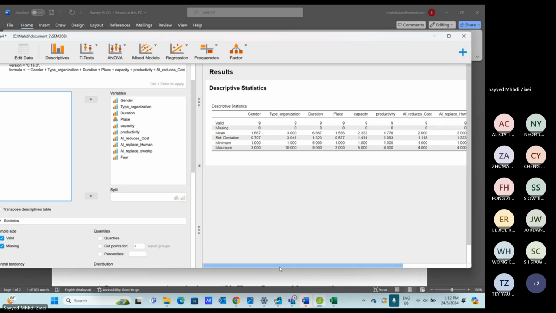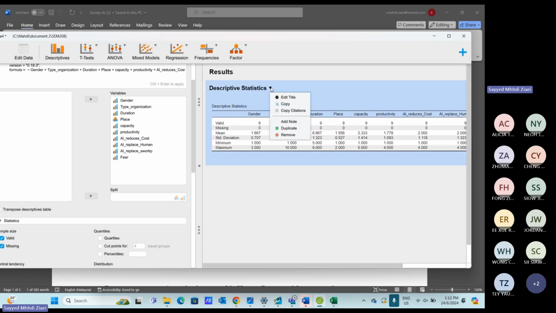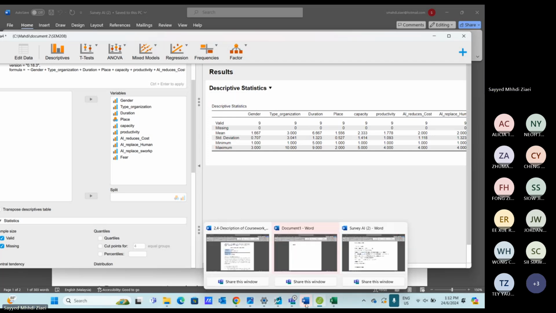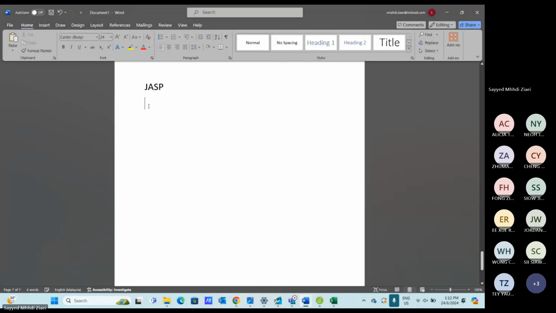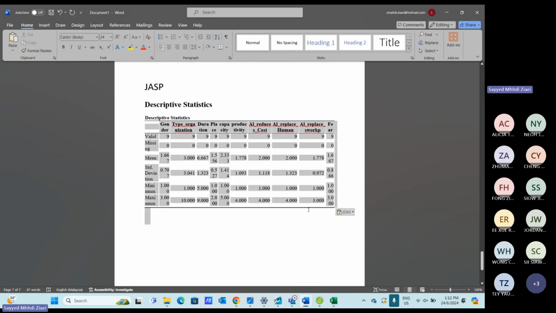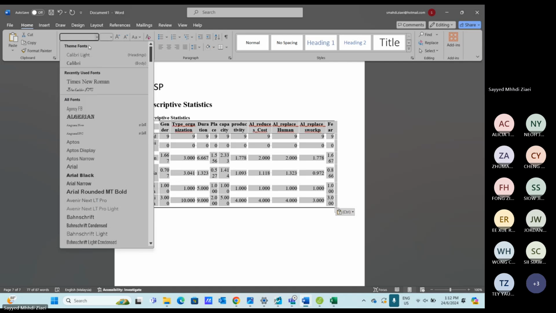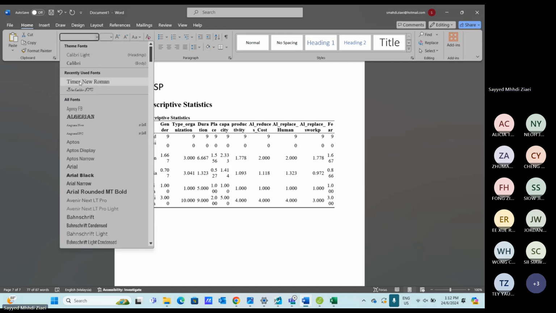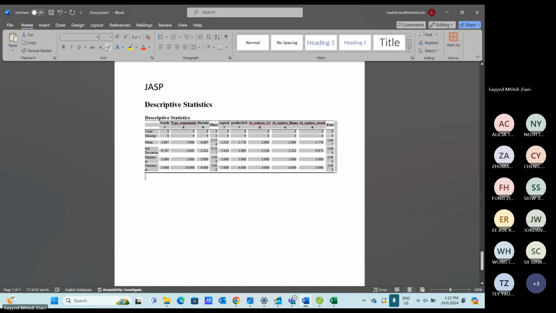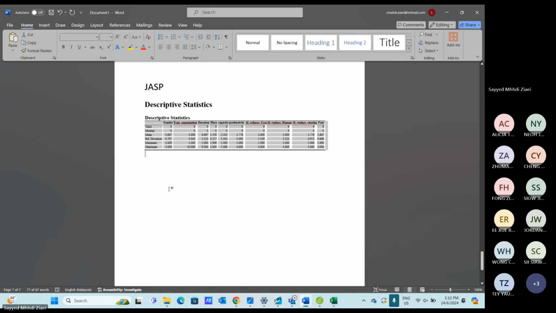So to copy paste, just click here, copy, and then paste it. Of course, you can change the font and make it nice. Something like this.